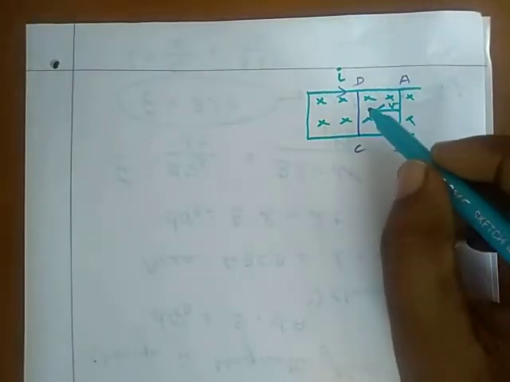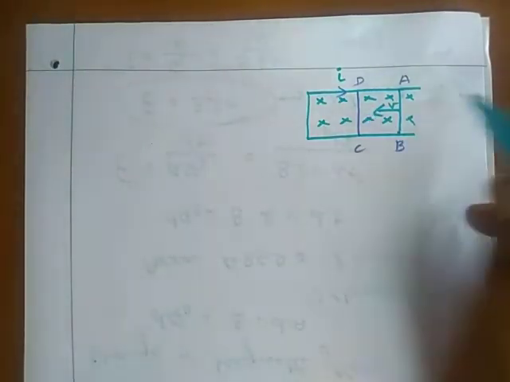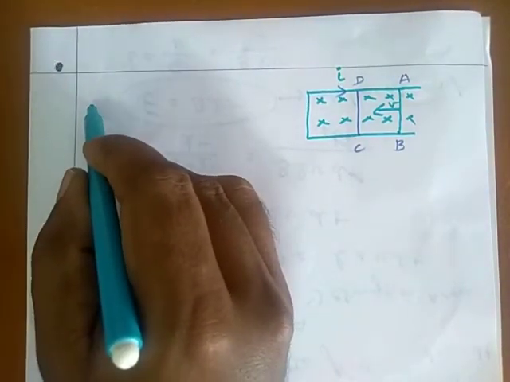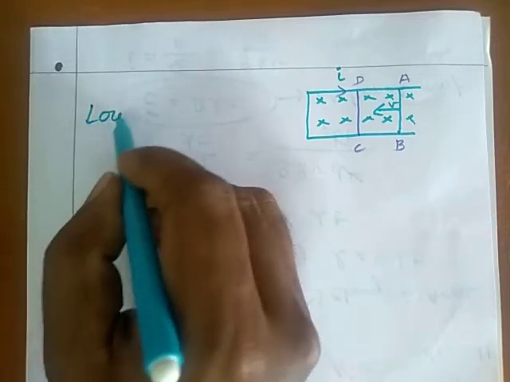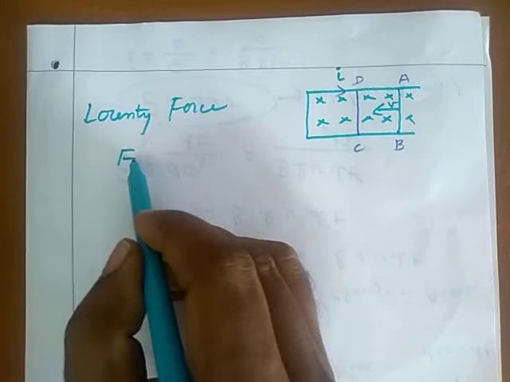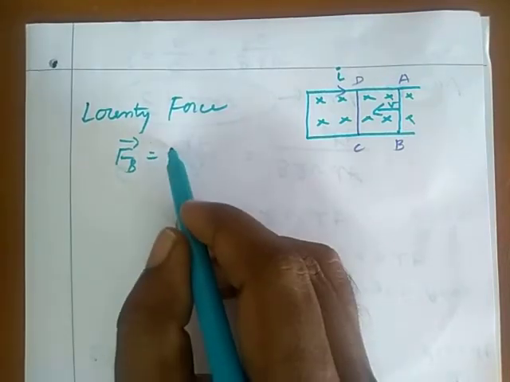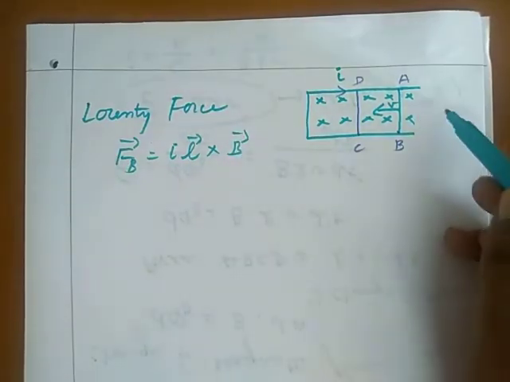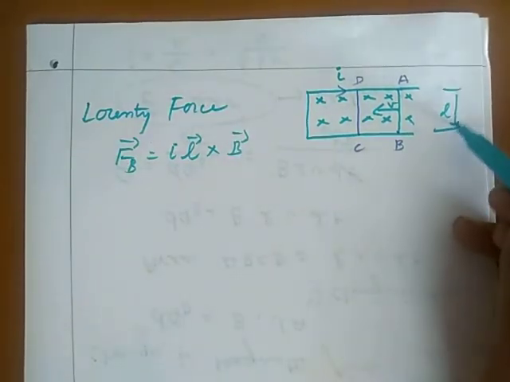So it experiences a Lorentz force in the outward direction. That force can be represented as F_B vector equal to I L vector cross B vector. Here L is the length of the sliding conductor.